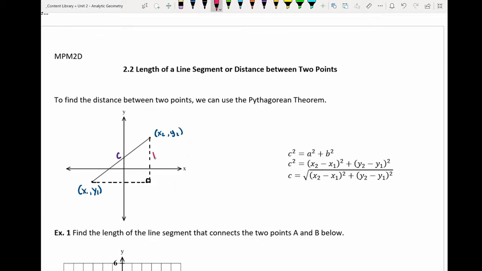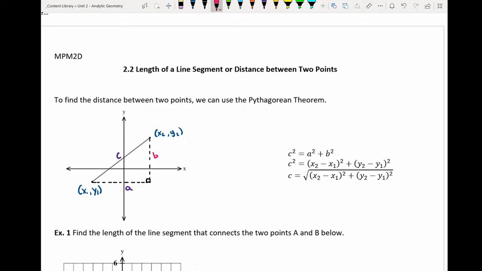So that means I have B could be over here, and then A would be over here. Right, so we know from Pythagorean theorem in our first step over here that C squared is equal to A squared plus B squared, or the hypotenuse is equal to this side squared plus this side squared.